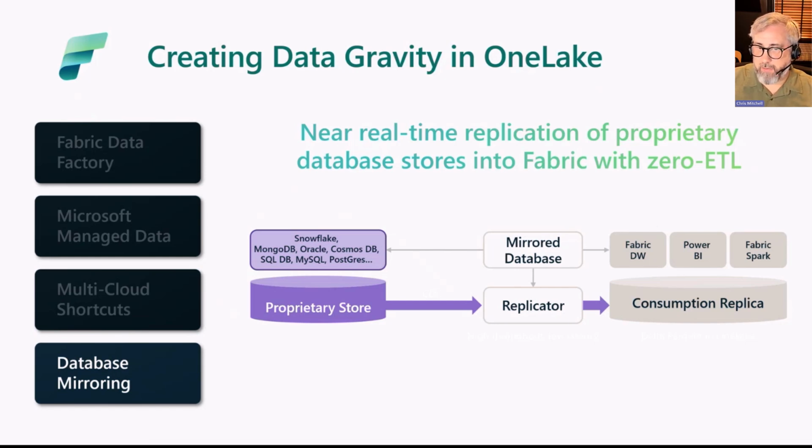And the nice thing about this mirroring concept is as it replicates the data, it's now storing it in that native open format. So it moves it from a proprietary data store into an open format when it moves into OneLake, which is pretty compelling. Now the underlying data store that we use, the open Delta Parquet format, is now visible to all the engines. And so all of the engines can now consume that data in their native semantics without having to go figure out how do I custom load this data.